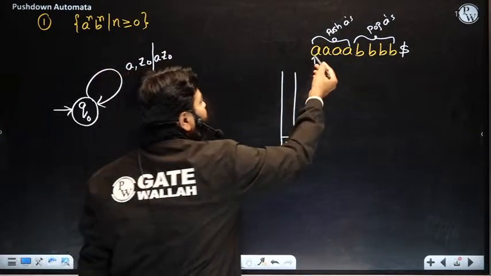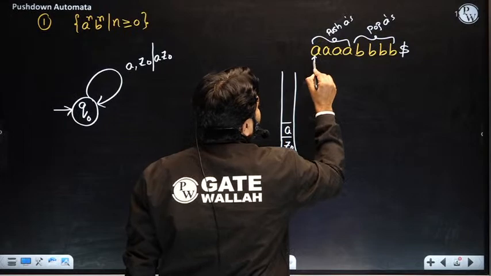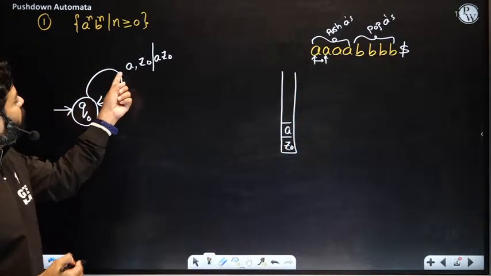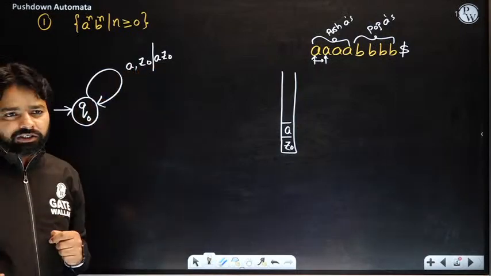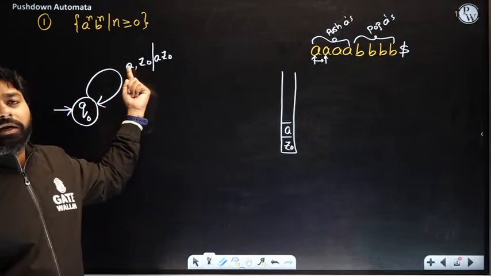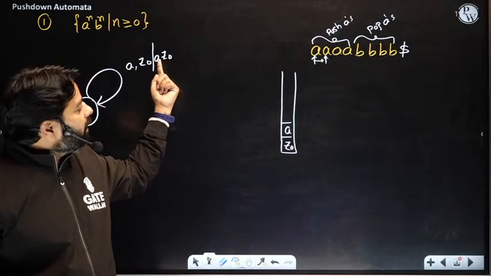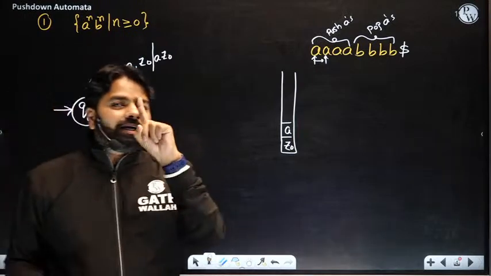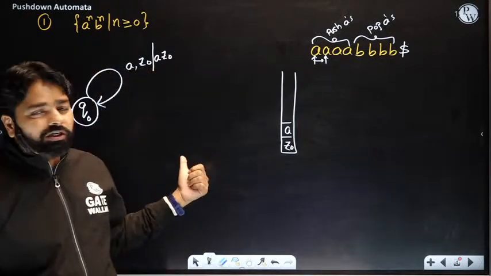But when I push A onto the stack, and the next symbol I read is A, A comma A is not going to take the help of this transition. If you talk about A comma A, the input is A only, but the top of the stack is not Z0 now. That means even though you kept the self loop, it works only once for this machine. Why?